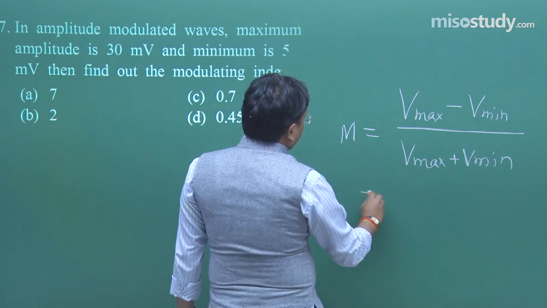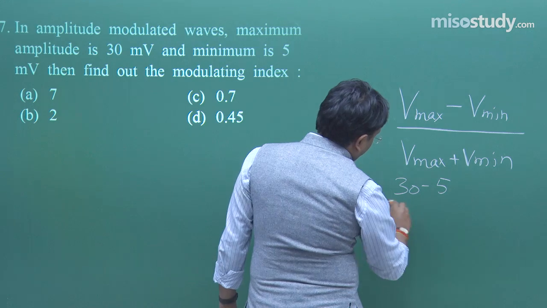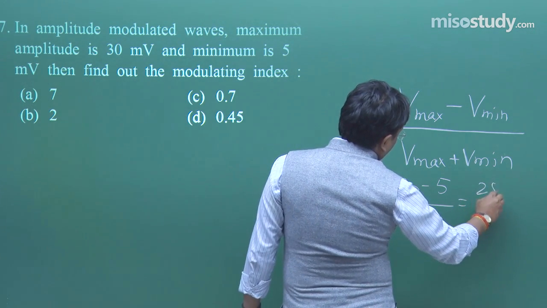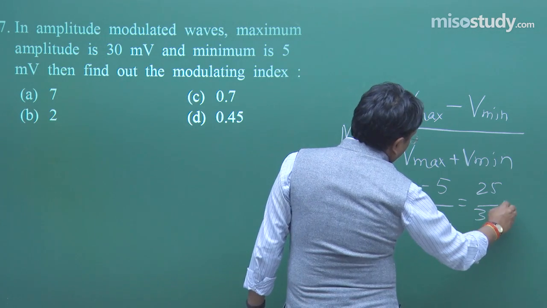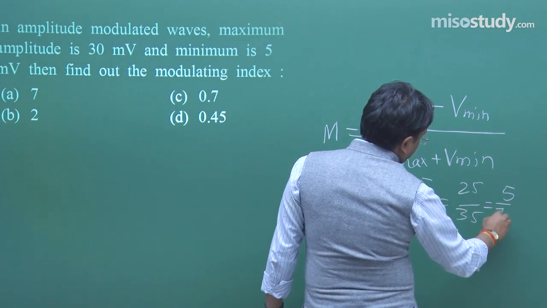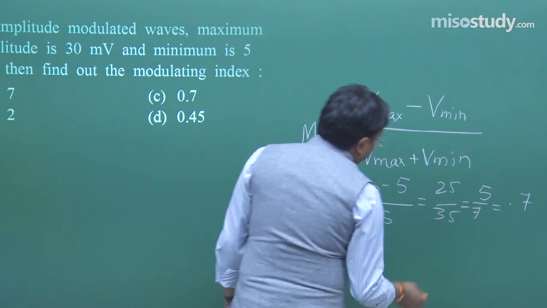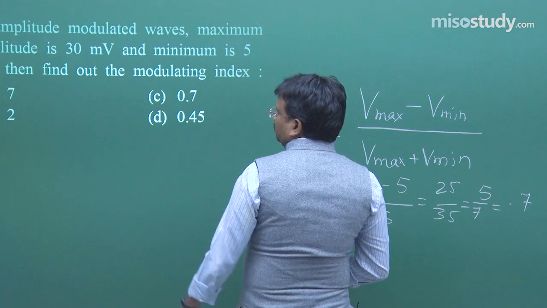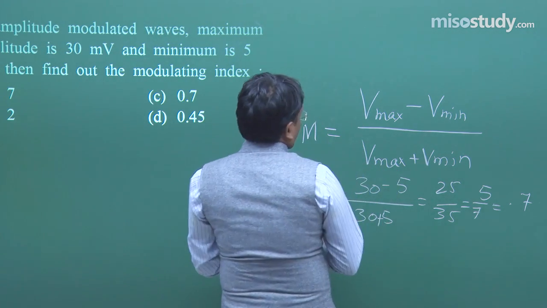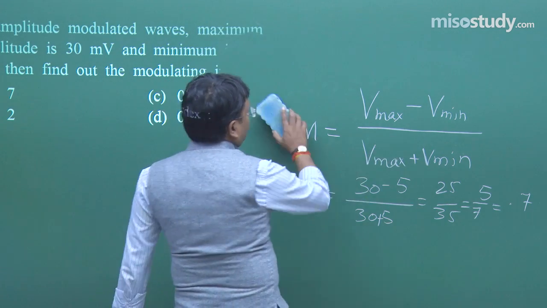Okay. So, let us put the values: 30 minus 5 upon 30 plus 5, 25 upon 35, 0.7, fine. 0.7 is the correct answer, that is C. This is the formula, modulation index is equal to this much.